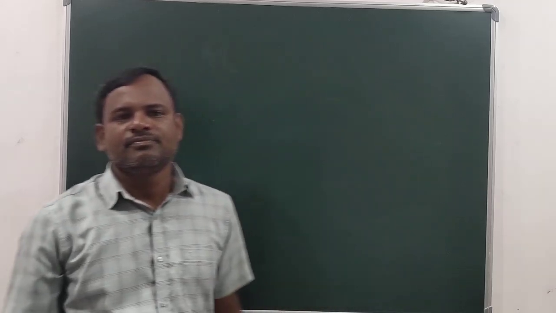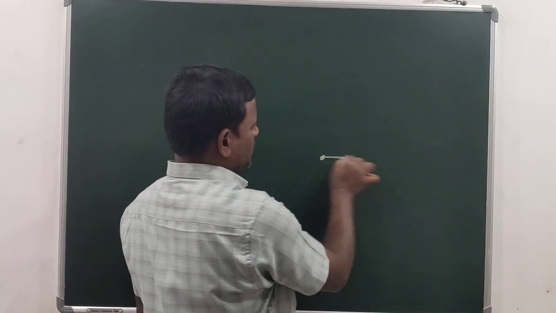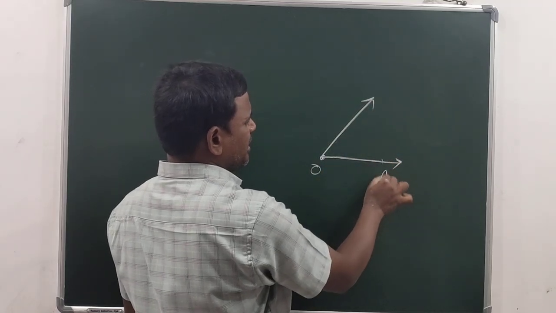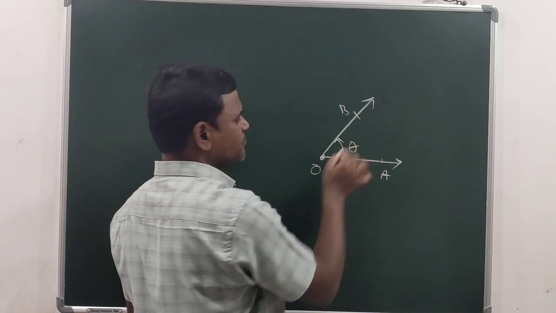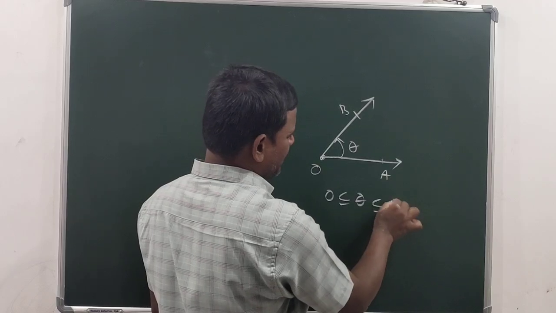Next, let us learn the angle between two vectors. See here, this is O, here A, and here it is B. Now this is theta. This theta can be 0 to 180 degrees.